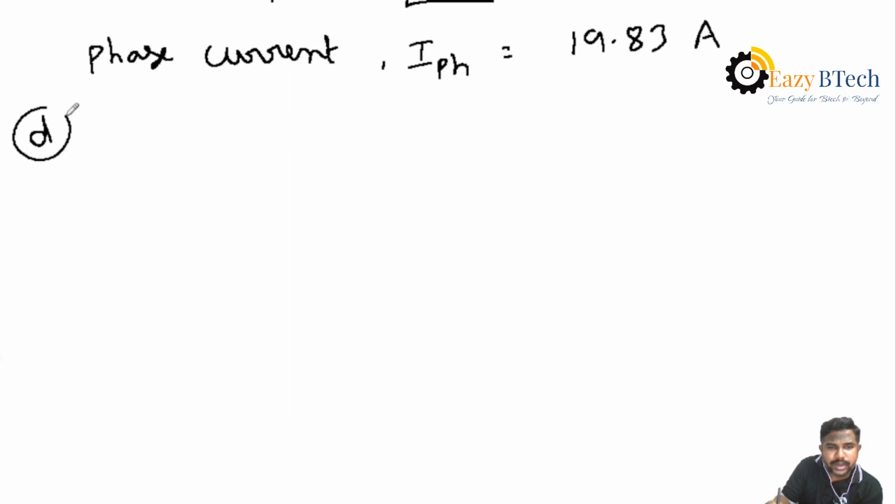Then what about the D bit in the given problem? You have to calculate what is the value of line current.